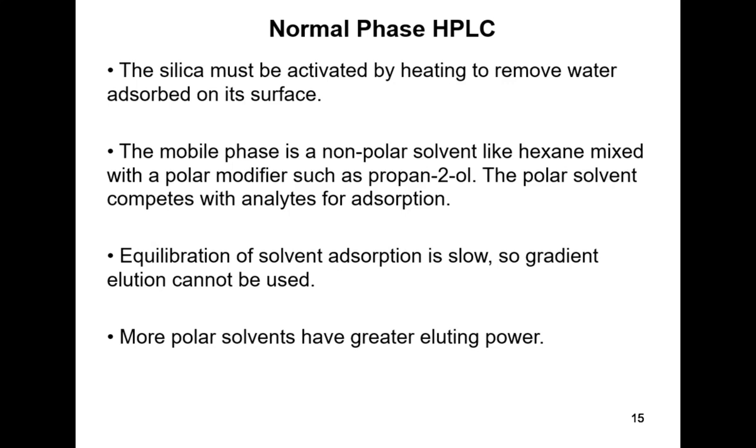And it allows you to change the rate of elution of your molecules by changing the amount of the polar solvent. If you increase the amount of the polar solvent, then there's more competition for binding to the silica, so that's going to accelerate the elution of your sample molecules.